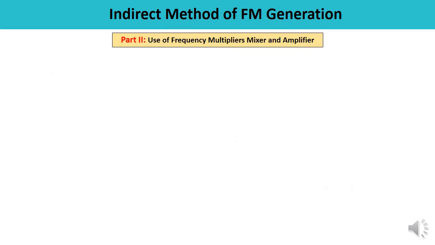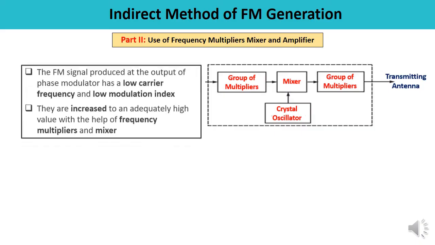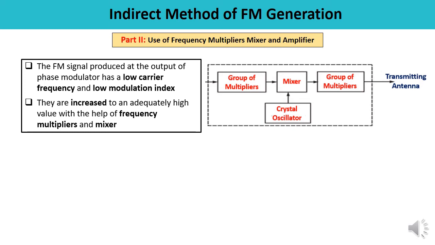Now the second part of the indirect method of FM generation had a group of multipliers, mixers and crystal oscillators. In that case, you can explain that the FM signal produced at the output of the phase modulator has a low carrier frequency and low modulation index.